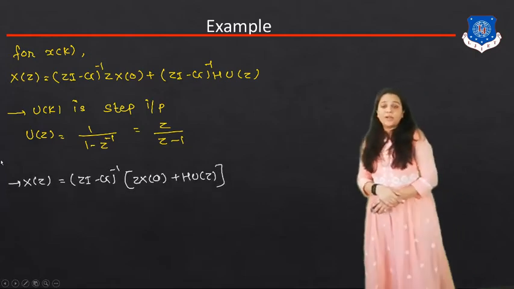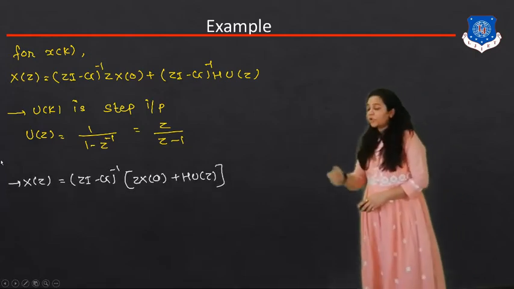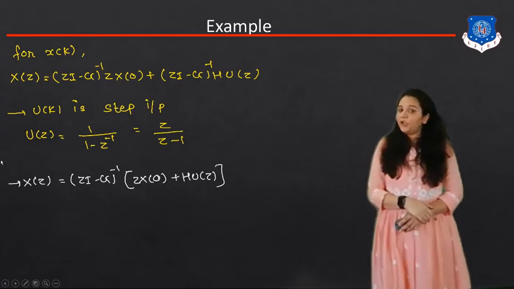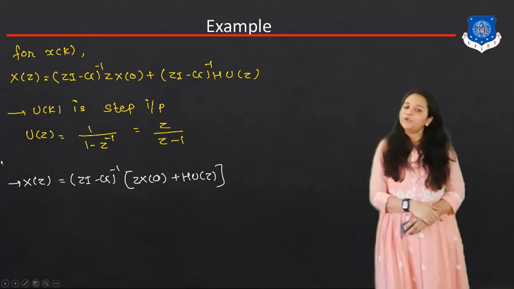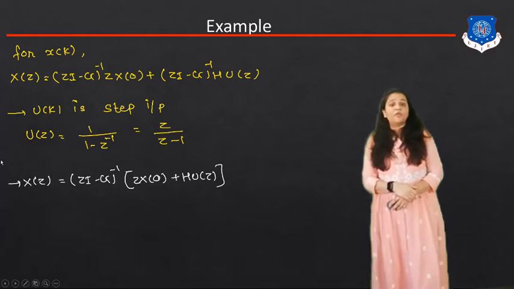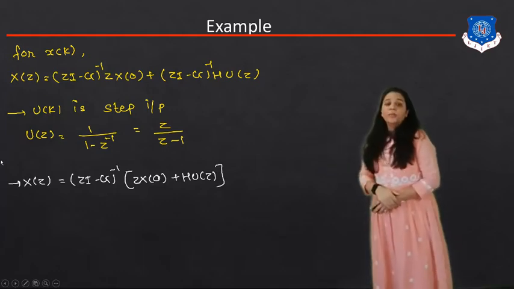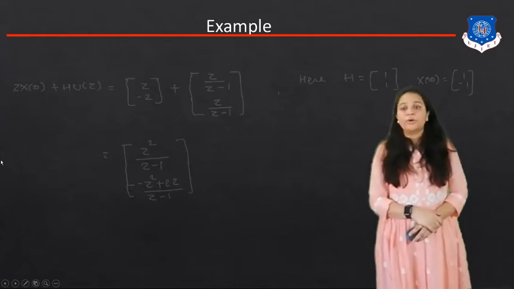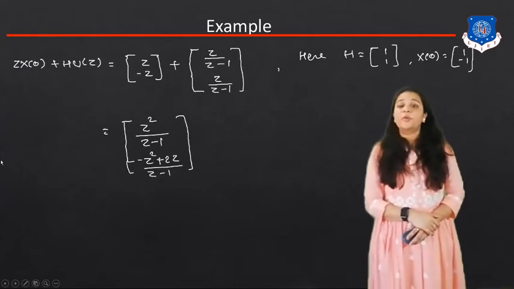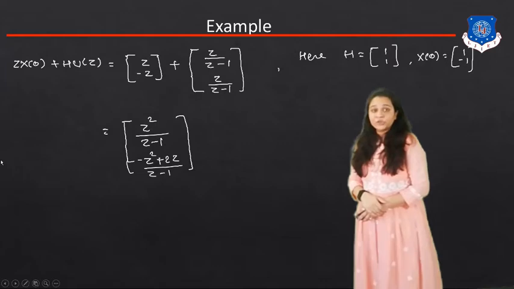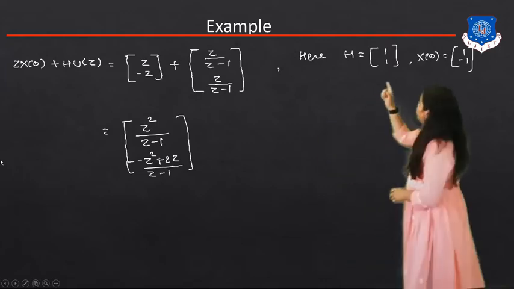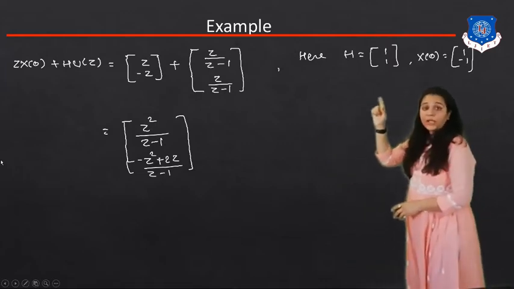Okay, now next x of z. We have to take out the common term (zI minus A) inverse. So in this bracket, z into x of 0 plus H into u of z. First of all, we have to find the value of z into x of 0 plus H into u of z. So x of 0 is given in the question, 1 and minus 1, into z.